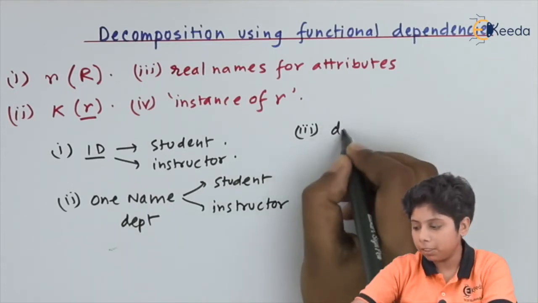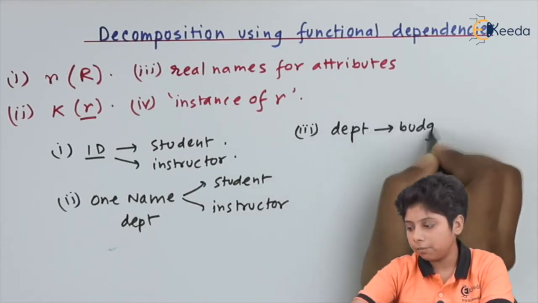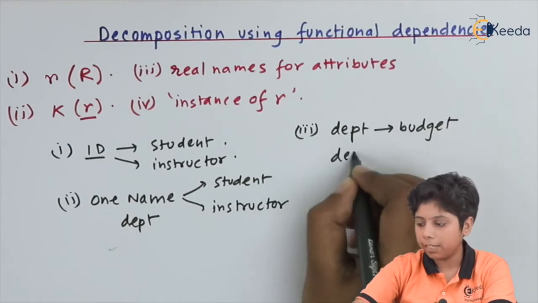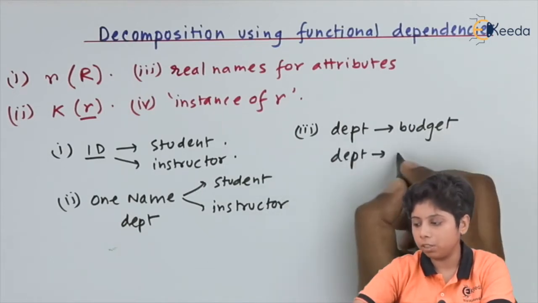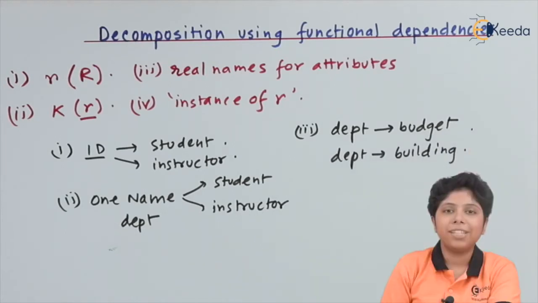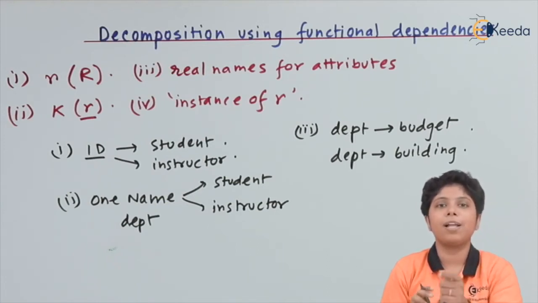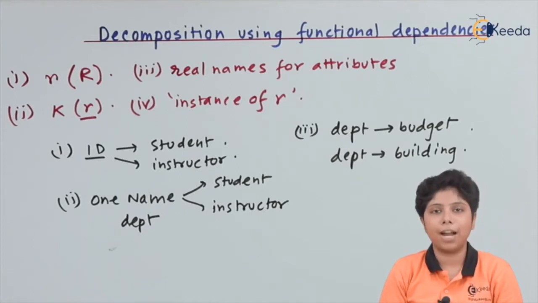So the department is related to the budget as well as the department is related to the building. So these constraints are known as legal constraints or user-defined conditions that we can put as functional dependencies while decomposing the larger schema into two smaller schemas.